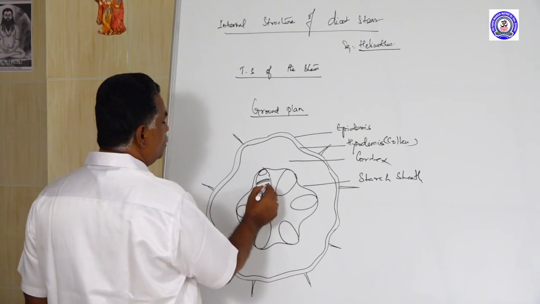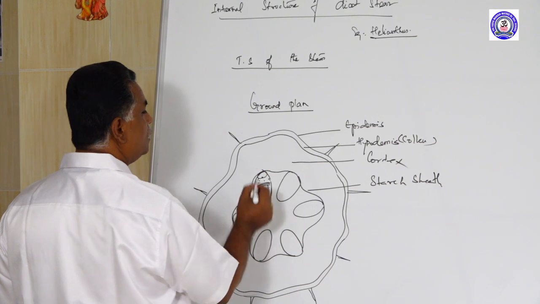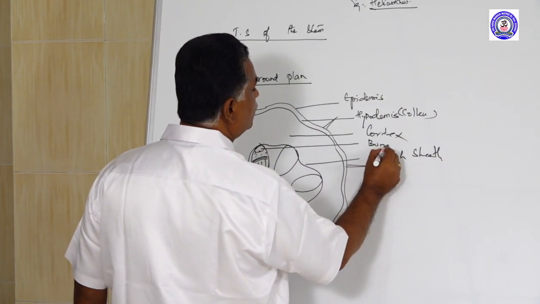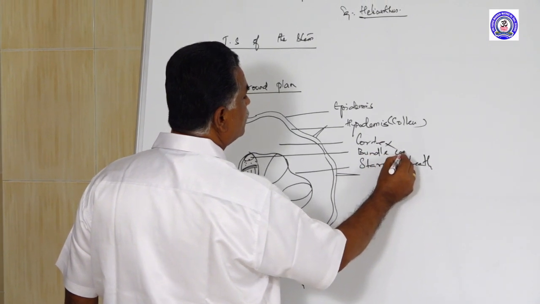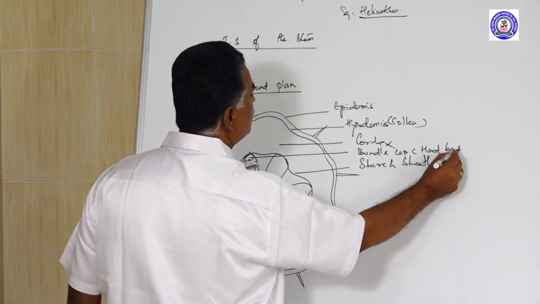And here I have drawn only one vascular bundle, in which you can see the bundle cap or hard bast.